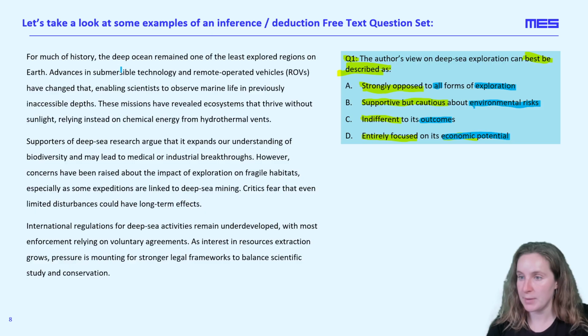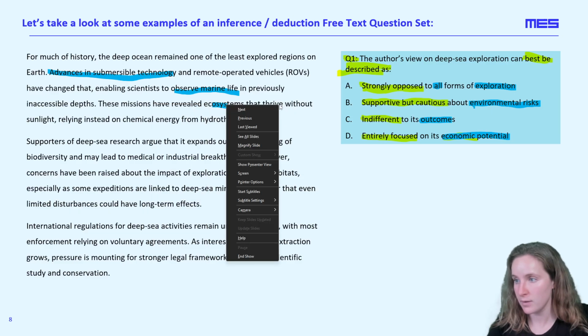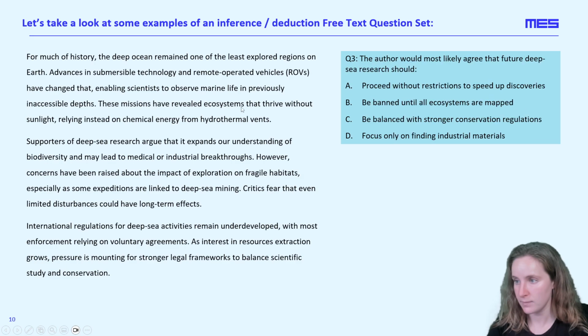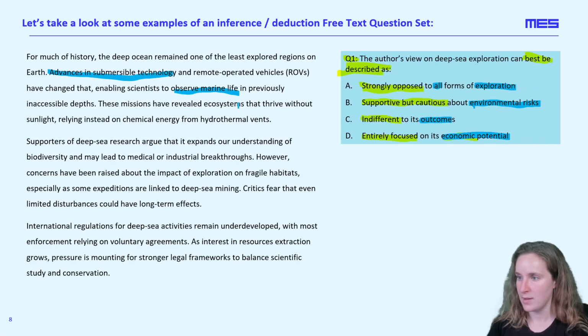So as we're skimming through, we're seeing advances in technology, okay? So that would be a kind of exploration, to observe marine life. We're talking about ecosystems that thrive. Oh my goodness, there we are. Ecosystems that thrive.